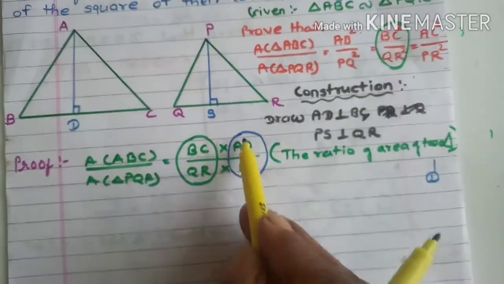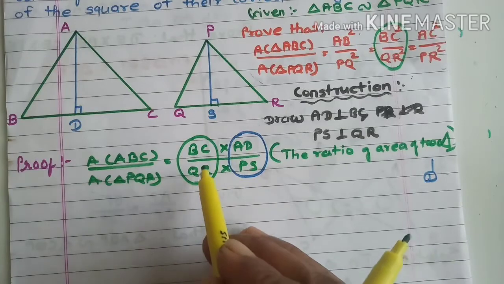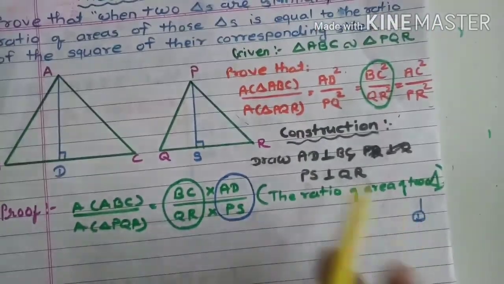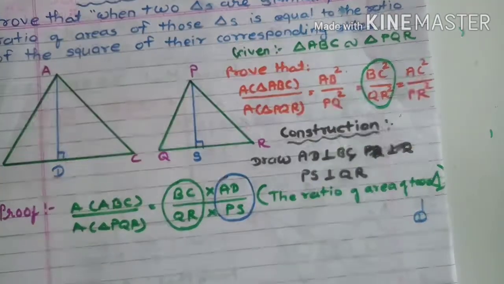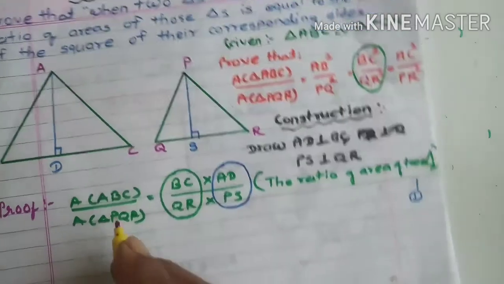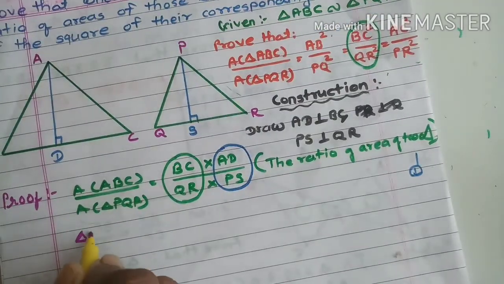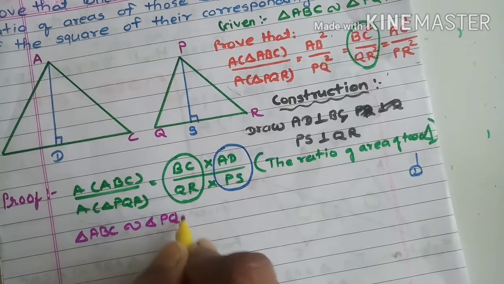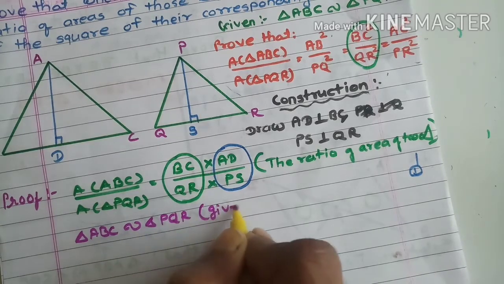Now to prove AD upon PS is equal to BC upon QR, we have to take the help of what they have given. So what is there in the given? That triangle ABC is similar to triangle PQR. This is given.